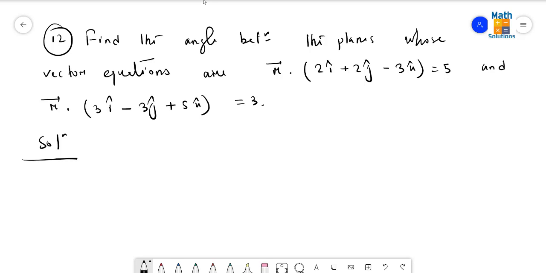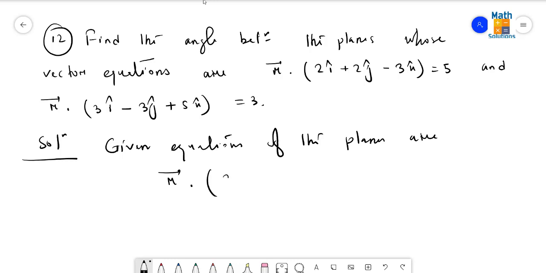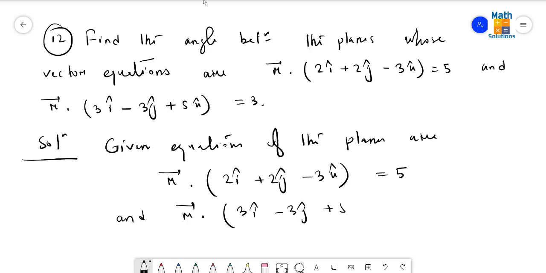Let these be compared to the given equations of the planes: vector r dot (2i cap plus 2j cap minus 3k cap) is equal to 5, and vector r dot (3i cap minus 3j cap plus 5k cap) is equal to 3.